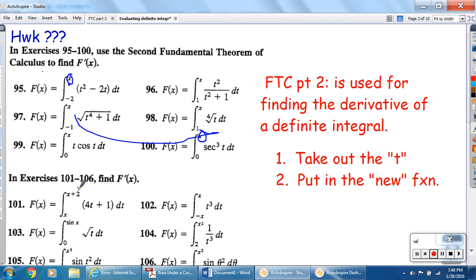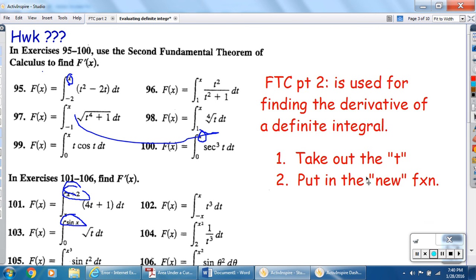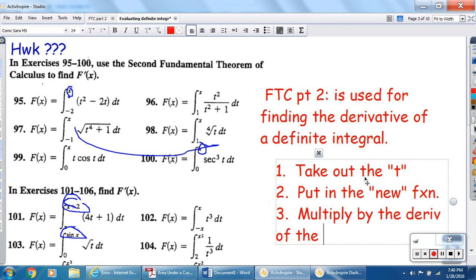But if you look down in the next part, the upper bound is x plus 2, the upper bound is sine of x. So that's what we mean when we say put in the new function. We're putting in that upper bound that is a variable expression. And then the third part is to multiply by the derivative of the new function.